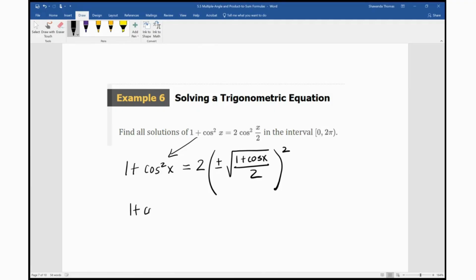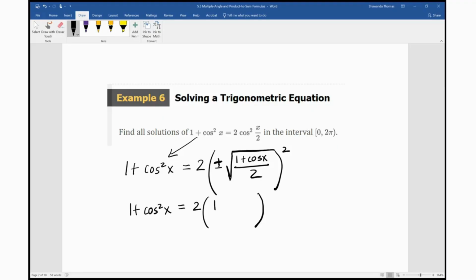Left side, we're going to just rewrite it back over. Right side, however, let's look at this plus or minus sign. If we square a positive sign, what do we get? Positive. What about if we square a negative? Positive again. What if we square a radical? What happens? You get rid of the square root term.